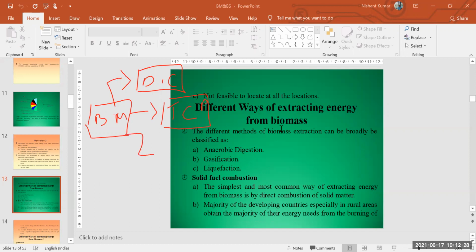And another segment is the biochemical process, where this anaerobic digestion, or you could call fermentation. This is one process, and another process is your incineration process.